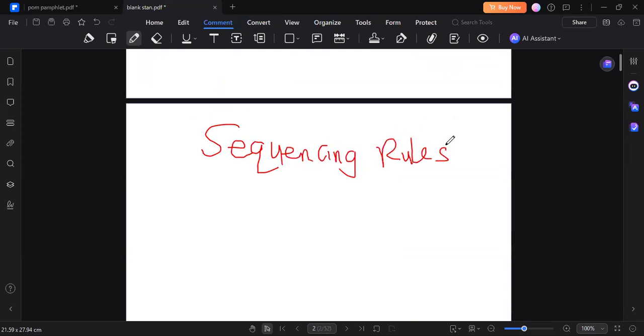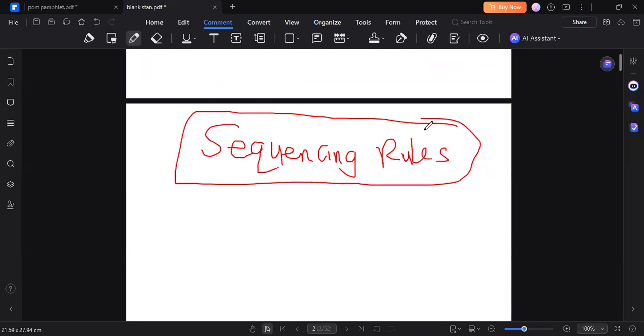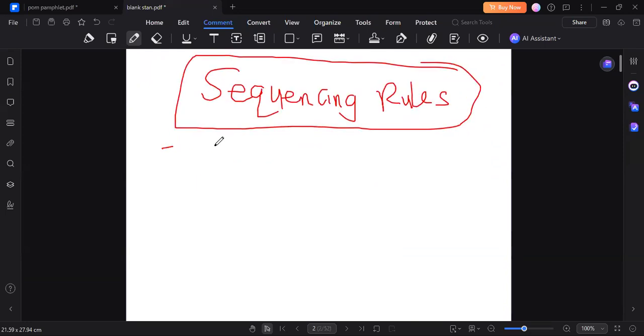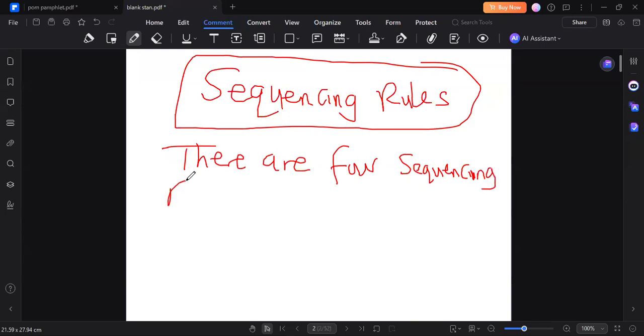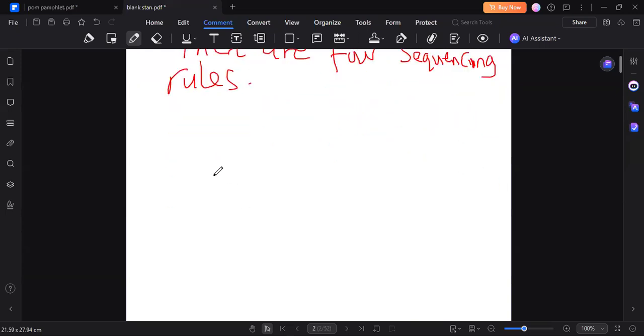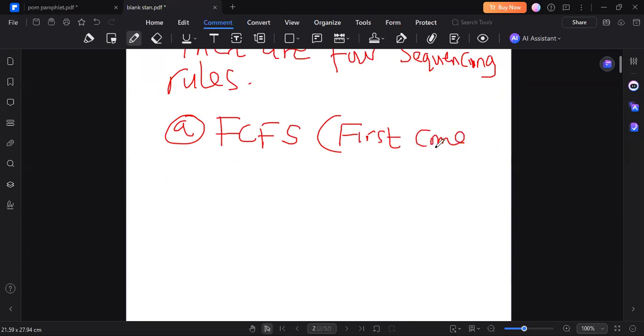There are four sequencing rules. The first one is FCFS, which is called first come, first served.